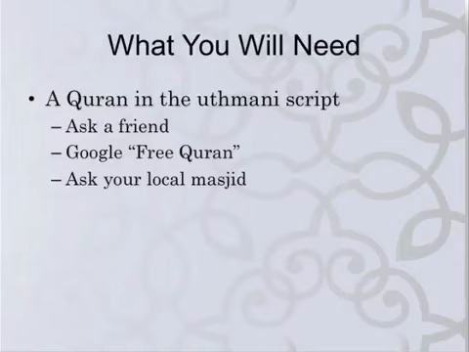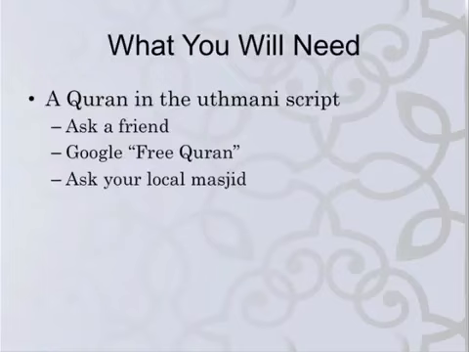The reason I prefer the Uthmani script, and what I mean by the Uthmani script, is there's traditionally multiple ways of writing the Quran. There's one method of writing the Quran which is known as the Uthmani script, basically the way you write the movements, the way you write the Arabic.